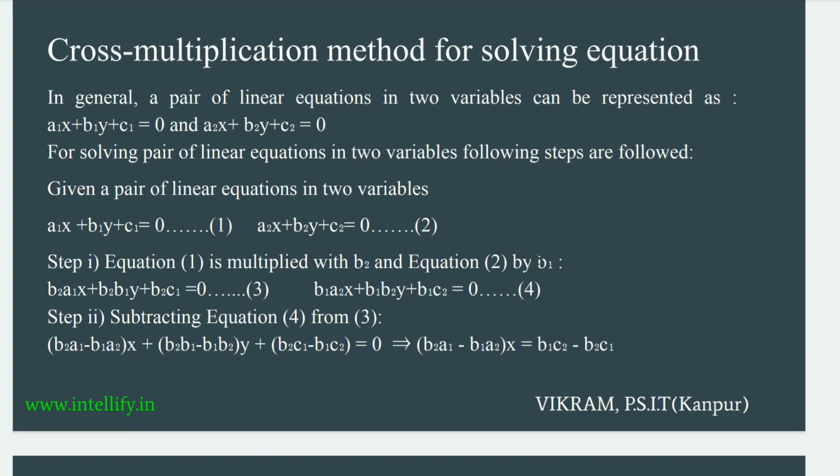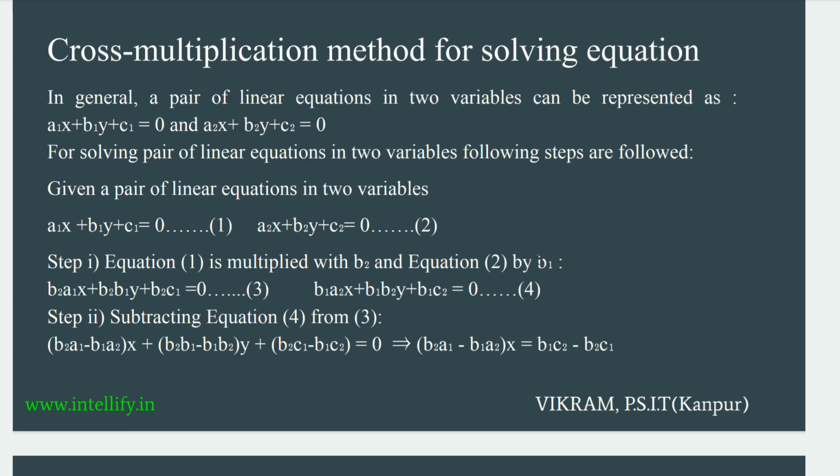Step number 1, multiply equation 1 by b2 and multiply equation 2 by b1. So equation 1 is converted into b2a1x plus b2b1y plus b2c1 equals 0, forming a new equation, equation number 3.